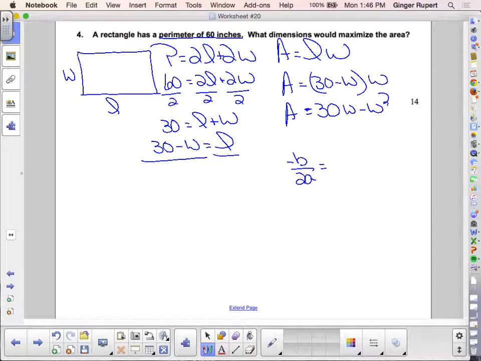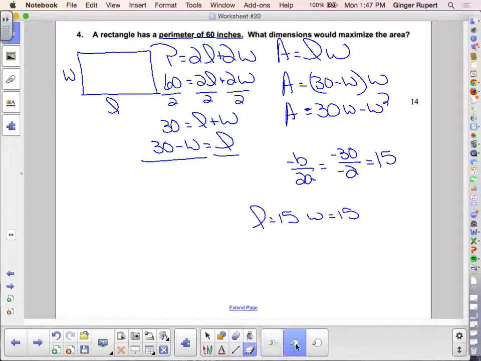So that's going to be, let's see, minus 30 over negative 2, which gives me, excuse me, a dimension of 15. So actually, this is optimized when the length is equal to 15 and the width is equal to 15.